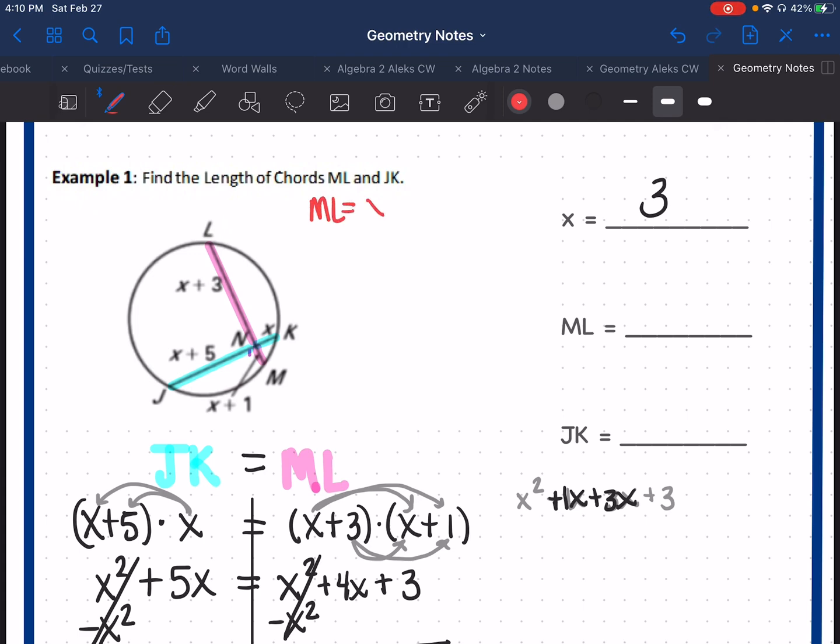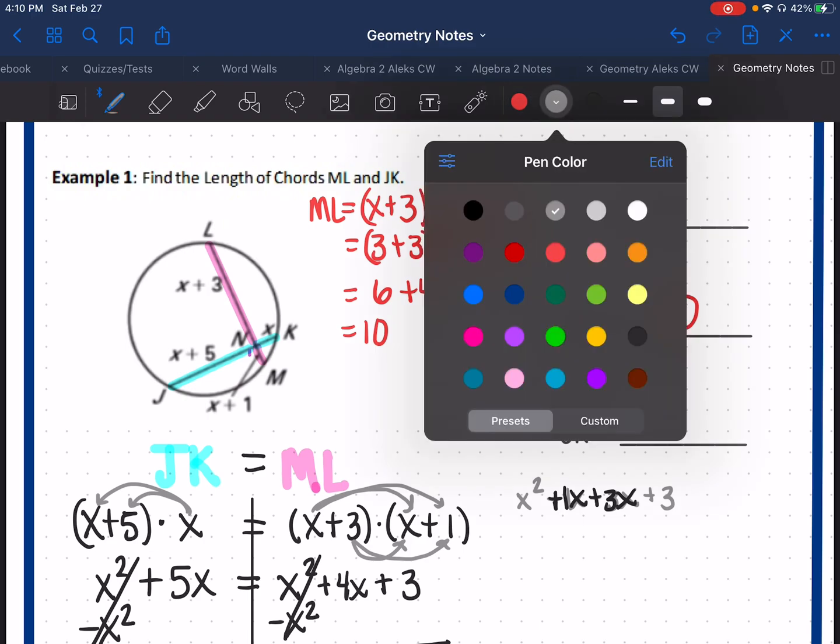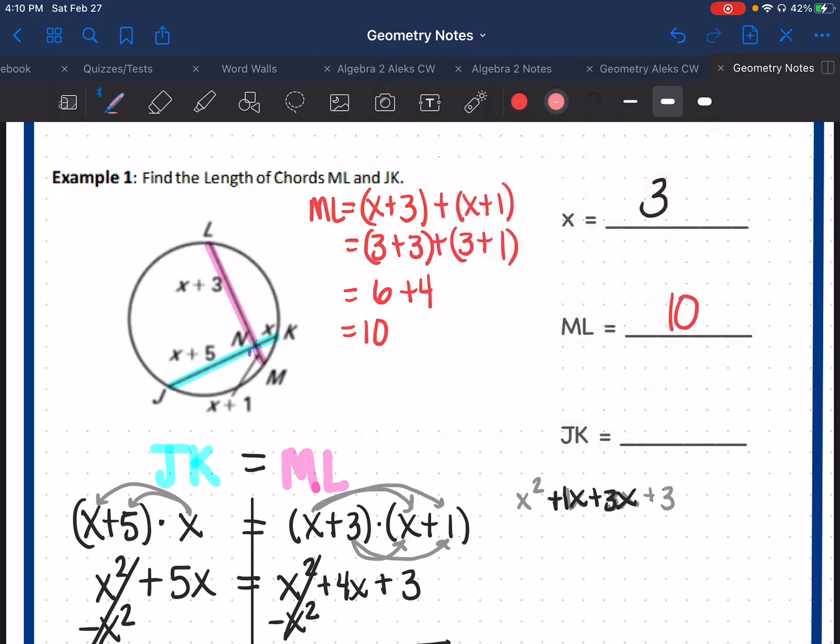ML is x plus 3 plus x plus 1. So it's going to be 3 plus 3 plus 3 plus 1. 3 plus 3 is 6. 3 plus 1 is 4. 6 plus 4 is 10. ML is 10.